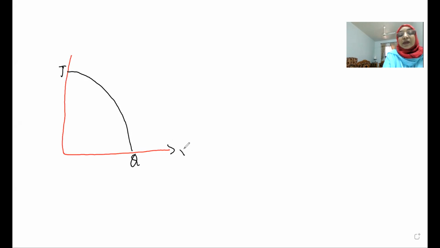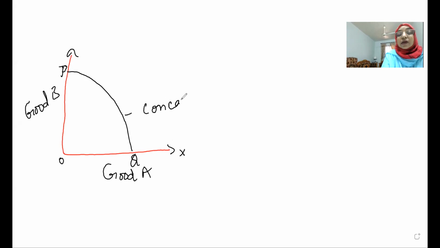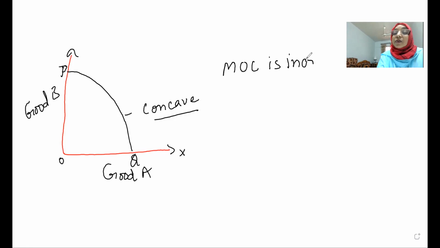The X axis shows good A and the Y axis shows good B. PQ is the production possibility curve, which is concave to the origin. This will be concave to the origin if marginal opportunity cost is increasing. When marginal opportunity cost is increasing, the shape of PP curve will be concave to the origin.